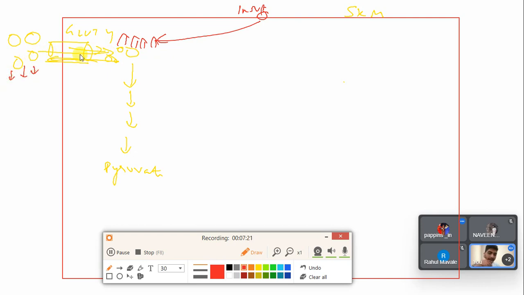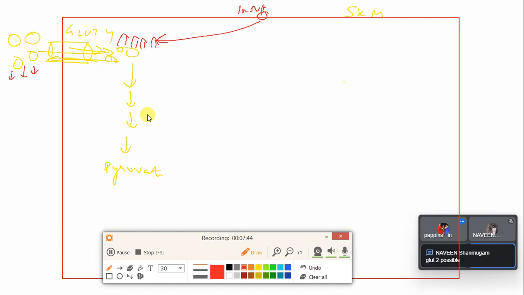So the question is, can it go back? If, according to the concentration gradient, it does, then how will this cycle proceed further?